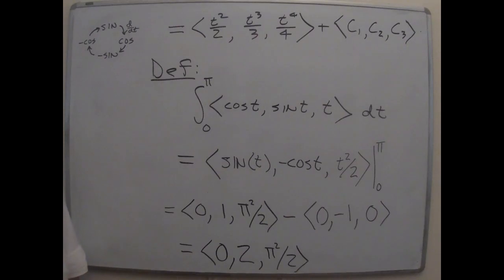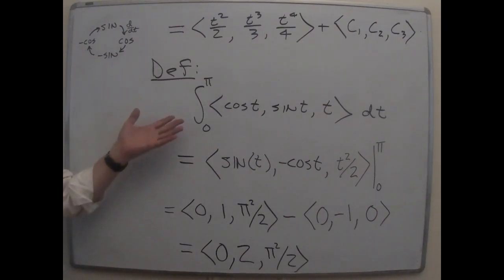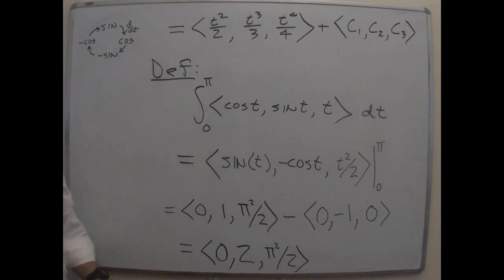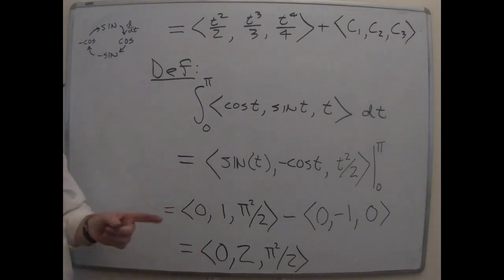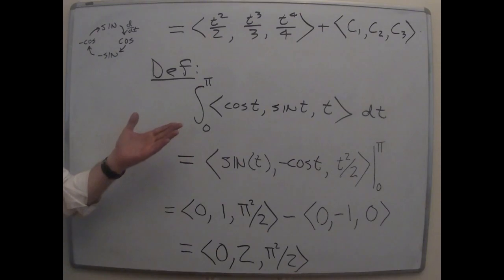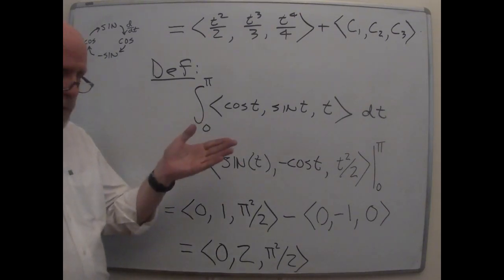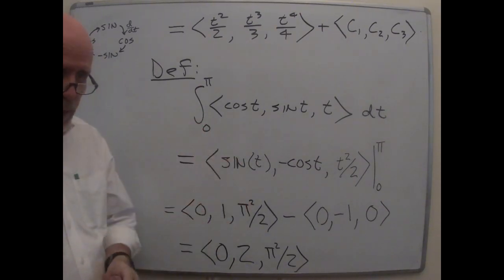That's a definite integral. Now, it's interesting that the answer came out to be another vector. We're going to see what the meaning of these things is in the next section, so don't get worried about it, but it's cool what the meaning of it is. When you take the derivative of position, you get velocity.